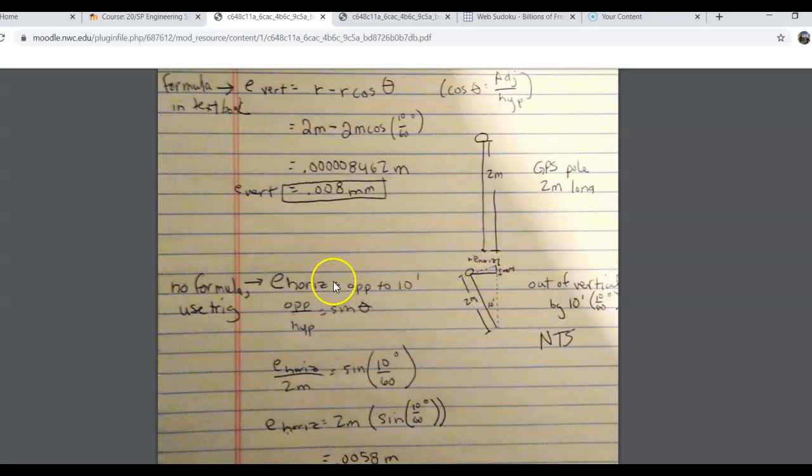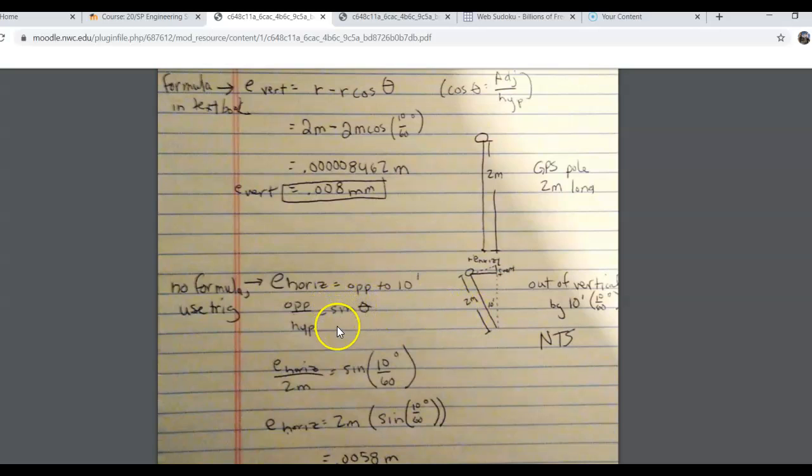There's not a formula for that in your book, but basically if you look at this as being a right triangle with a hypotenuse of 2 meters and an angle of 10 minutes, you can see what the distance is between where the receiver is and where it would be if it were totally vertical. This side is the opposite, so the horizontal error side is opposite 10 minutes in a triangle with hypotenuse of 2 meters.